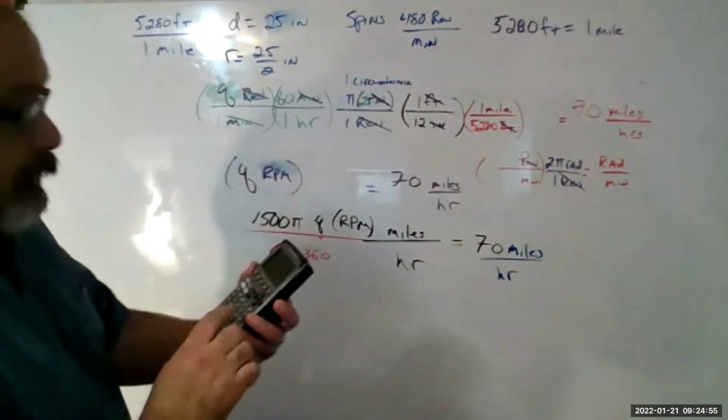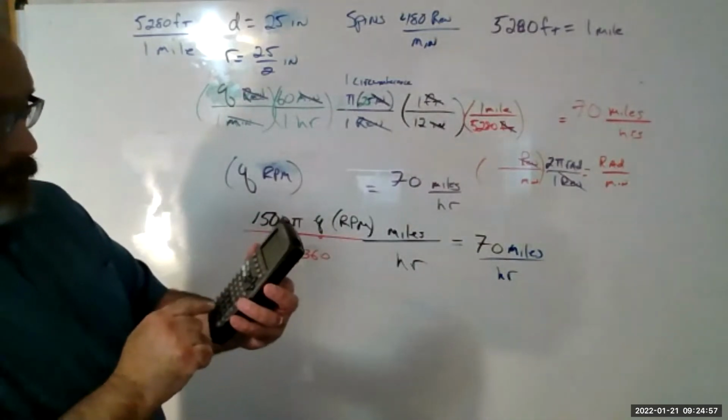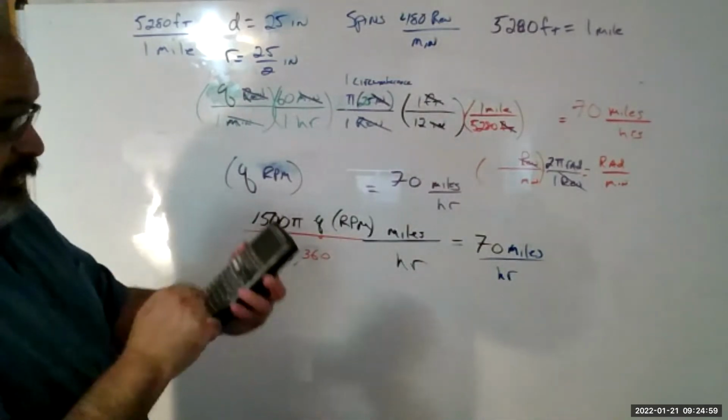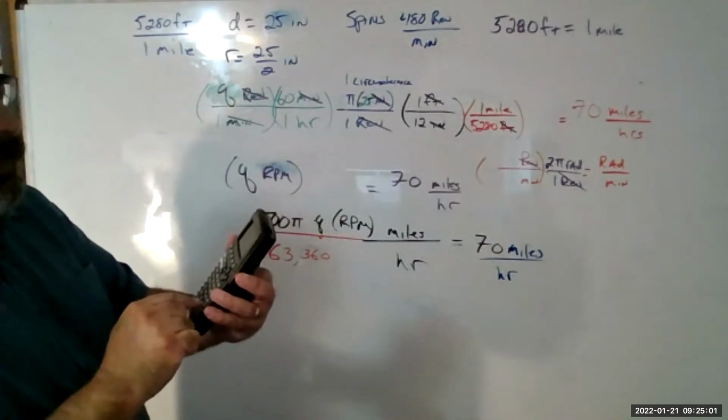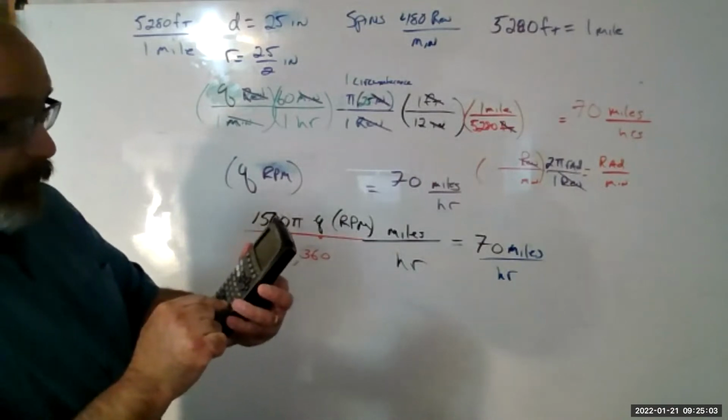So 1,500 divided by 63,000. I'm going to simplify that because I get in that simplifying kind of mode.